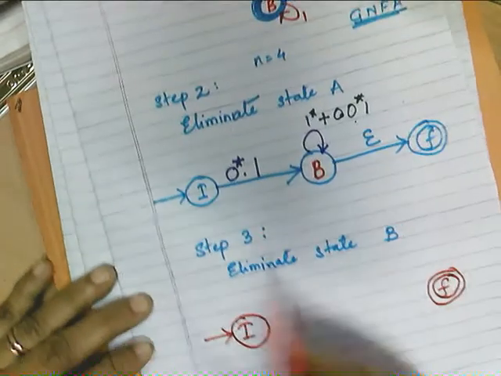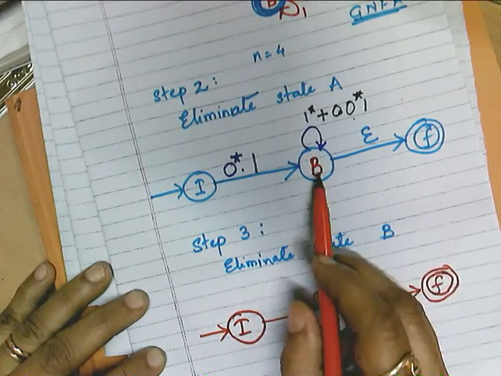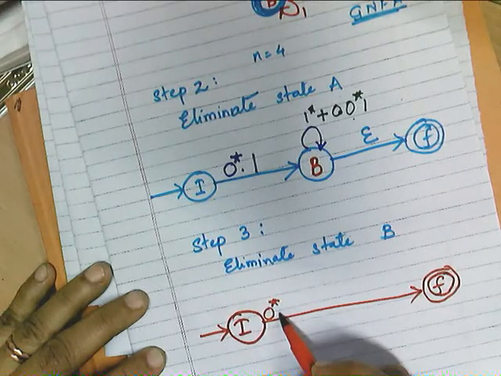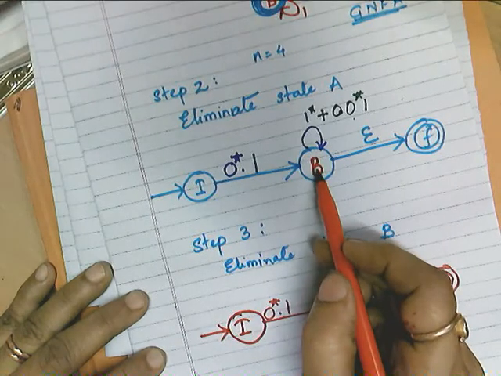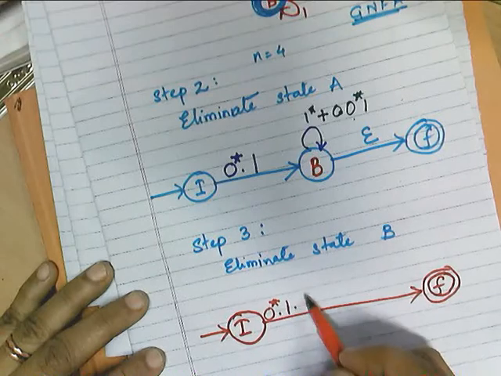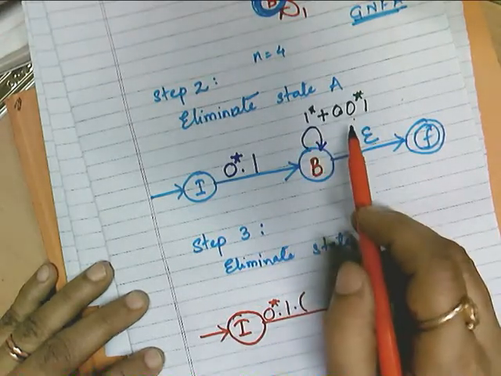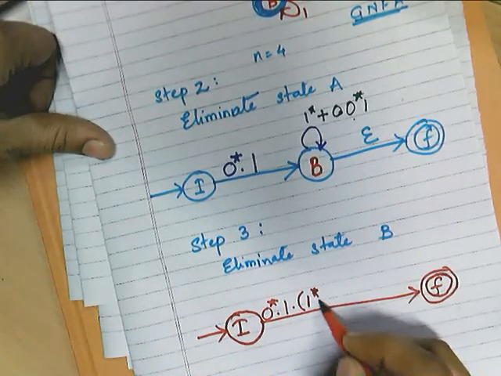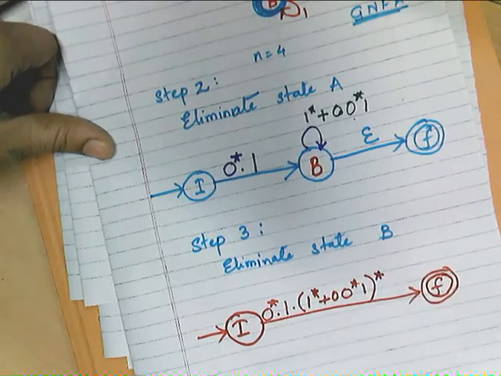So how can I reach from the initial to the final state? Via B. Very first I need to write 0 star dot 1, because without this transition I cannot reach B. And then there is another sequence I need to follow. Now this is a star kind of thing, there is a self loop, so it will be inside it: plus 0 0 star 1 whole star.